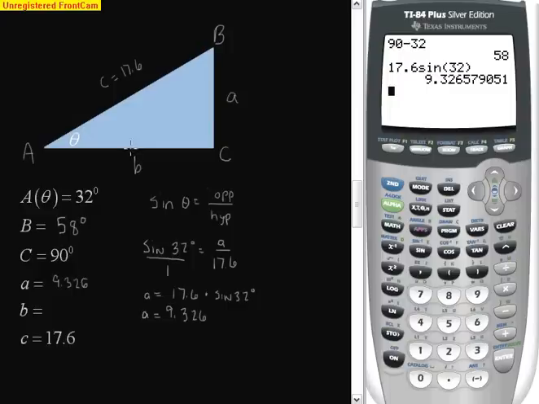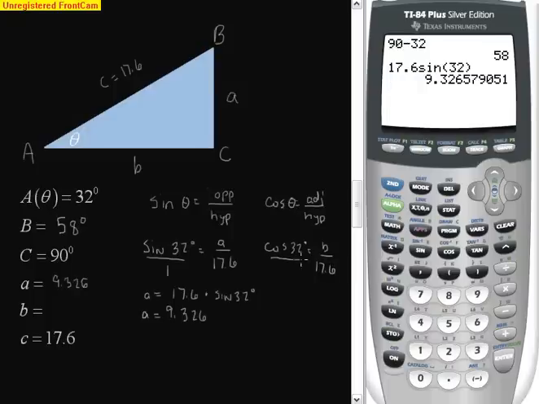Now I want to solve for b, and again, according to where theta is, b is the adjacent side. So given the hypotenuse, the trig function that deals with the adjacent and hypotenuse is cosine. The cosine of theta is the adjacent over the hypotenuse. So I can set this up as the cosine of 32 degrees equaling the adjacent side over the hypotenuse, which is 17.6.